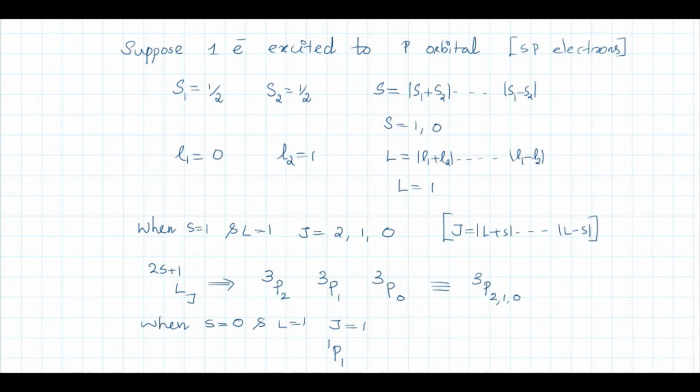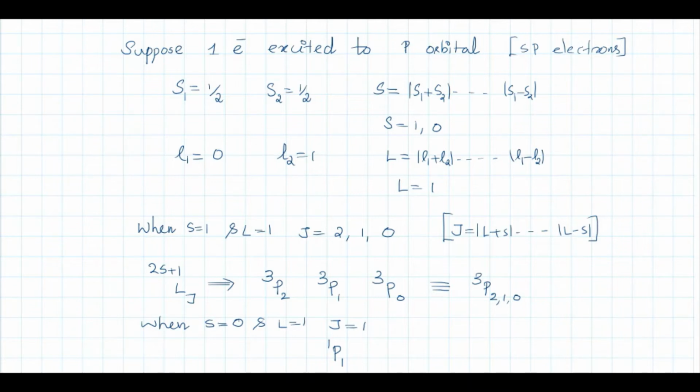Okay, the second possibility. That is, among the two electrons, one is in the 1s orbital and the other one is in the say 2p orbital. So it is known as sp electrons, one at s and one at p. Then S1 value is half, S2 value is half, total S value can be 1 or 0. So for any of the excited states with two electrons, the possible S values will always be 1 and 0.